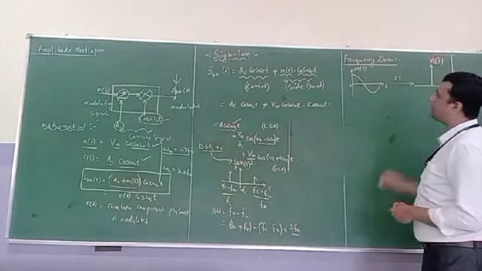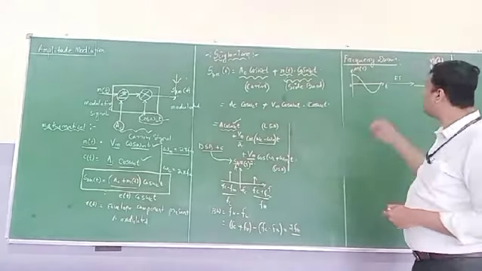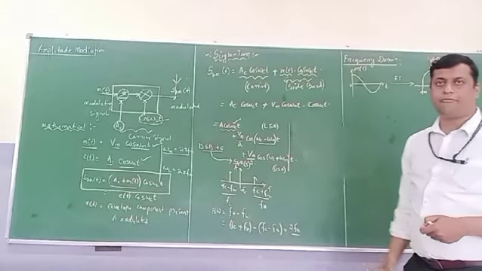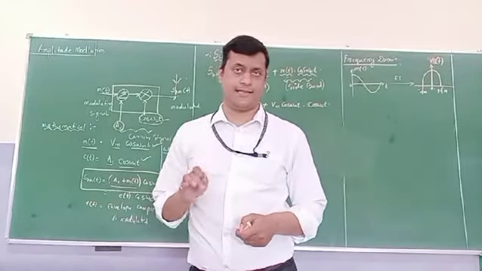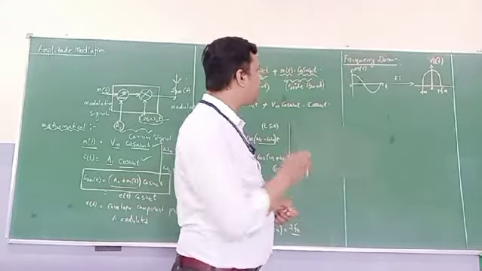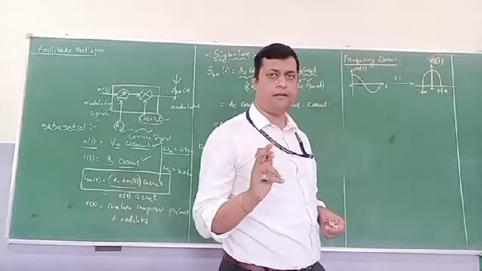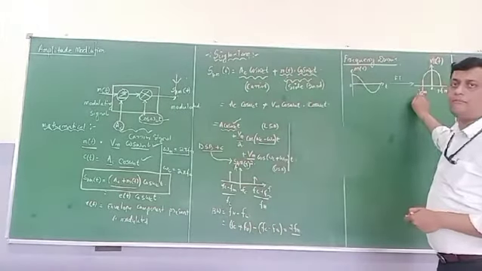This M of f has a spectrum bandwidth from plus fm to minus fm. This is the first consideration: the modulating signal frequency spectrum. Because this is a single tone, only one frequency is available, and it is from minus fm to plus fm.